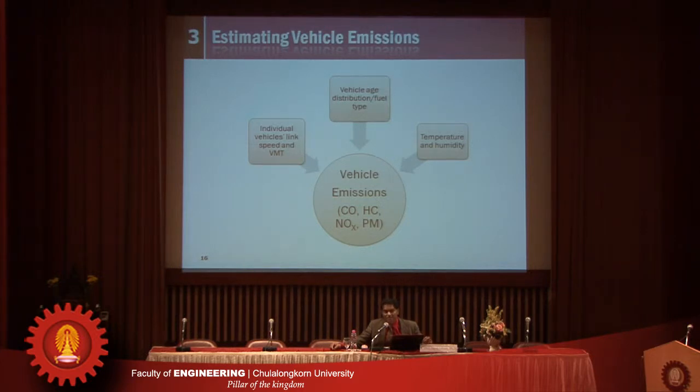But that's all we so far had, unless you want to take trouble of the kind that I'm talking about, which is worth it. You may have to do it. And then you have this issue that I talked about. What is the mix of vehicle ages that is in a network?